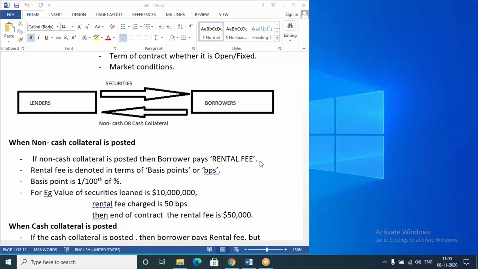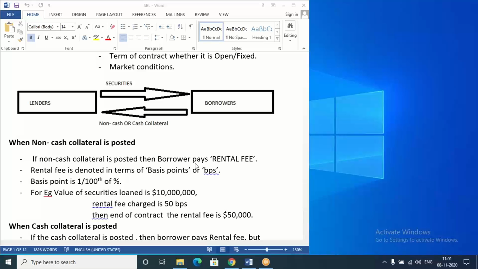Because the borrower has given cash to the lender as collateral, the lender is obligated to invest that cash in the market. As per regulations in the stock borrow lending market, if lenders receive cash from the borrower as collateral, the lender has to reinvest that cash in the market.